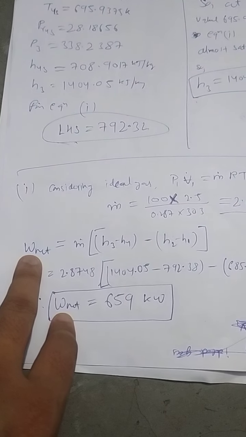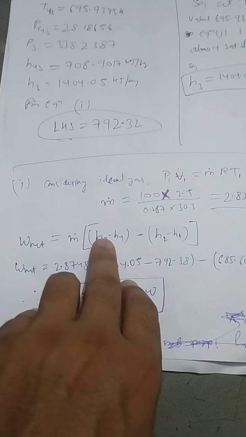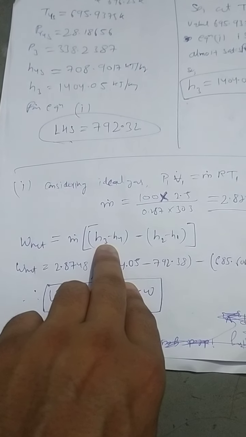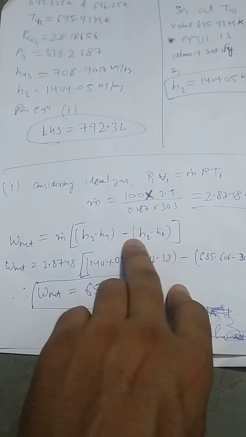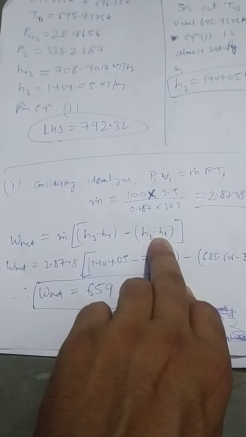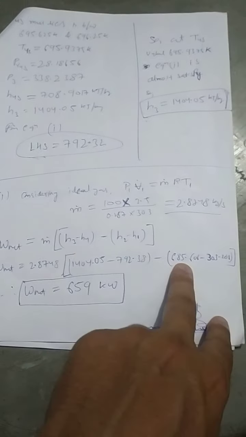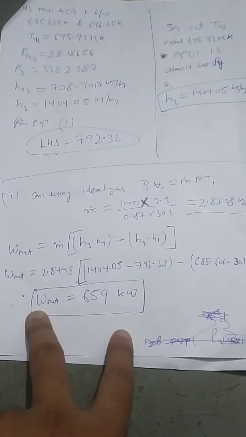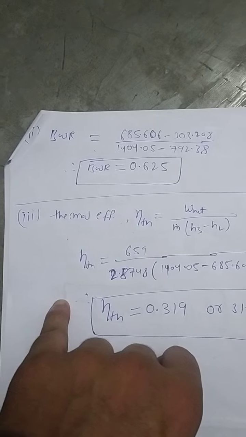Net power output would be mass flow rate times the turbine work output minus the work required by the compressor, H2 minus H1. Putting all these values in, we get the net work output to be 659 kilowatts.